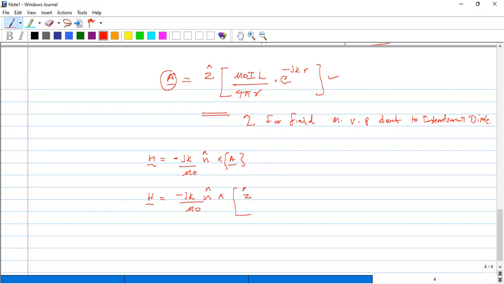So you have to consider that one: z hat mu naught I L over 4 pi r e to the power minus jkr. You can see that n hat is a vector and the magnetic vector potential is also a vector, with direction z hat.